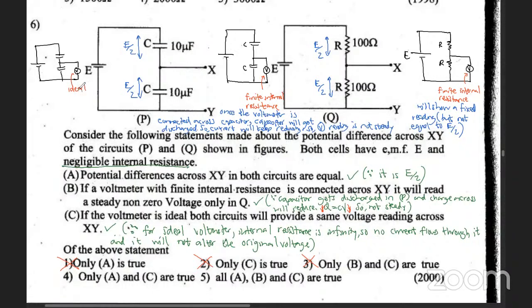Now, when you have an ideal voltmeter here, ideal does not allow current. Current doesn't flow. So no change in the charge stored in the capacitor.